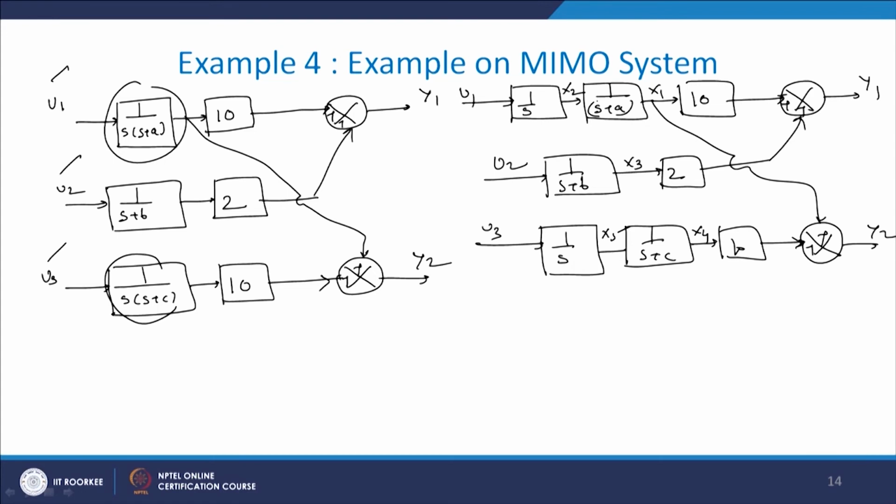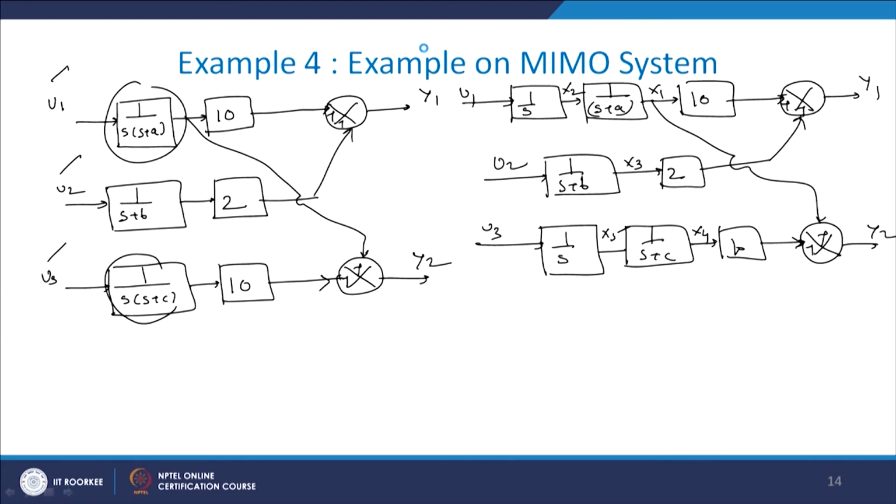So all the equations we have to write, or the individual transfer functions we have to write. So now we write this. You see here x1, x2. So we write this as x1(s) by x2(s) equal to 1 upon s plus a. We cross multiply it and we get x1 dot equal to minus a x1 plus x2.